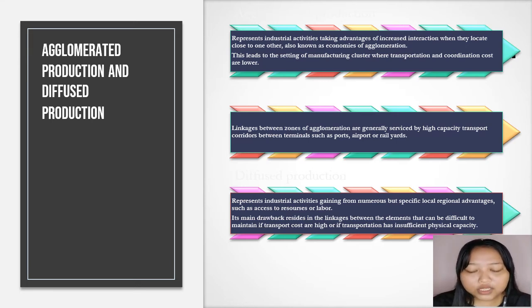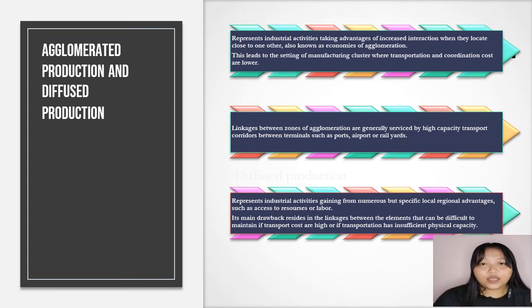The second one is this leads to the setting of manufacturing clusters where transportation and coordination costs are lower. The third one is linkage between zones of agglomeration are generally serviced by high capacity transport corridors between terminals such as ports, airports and rail yards.